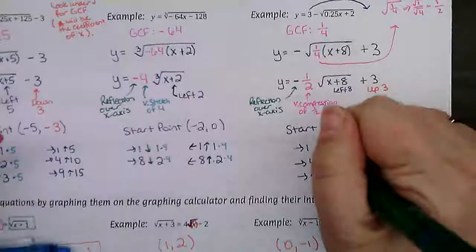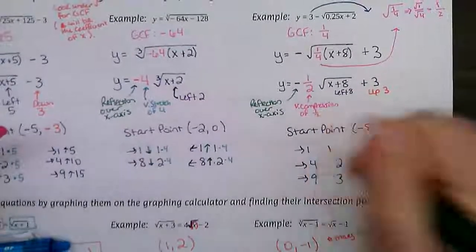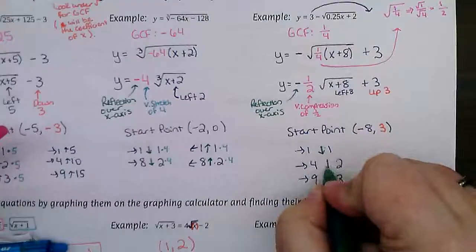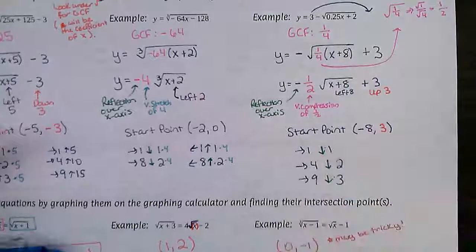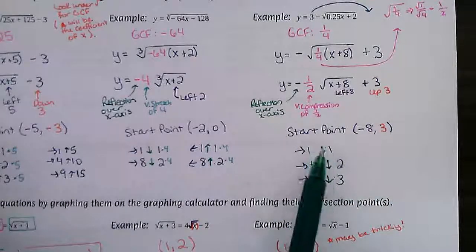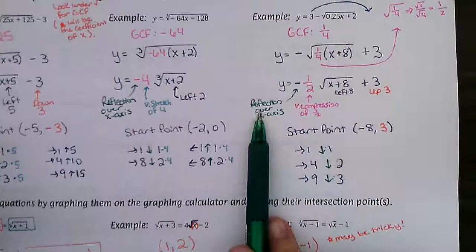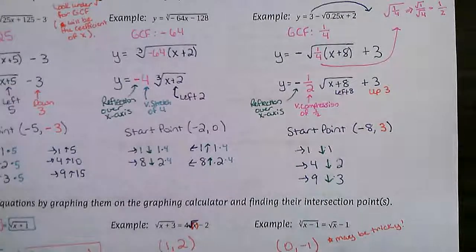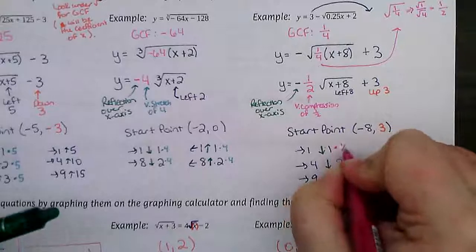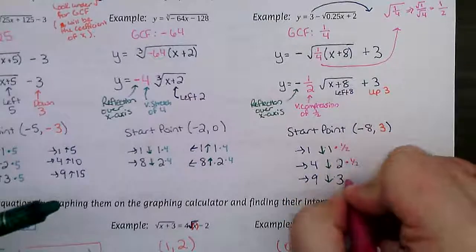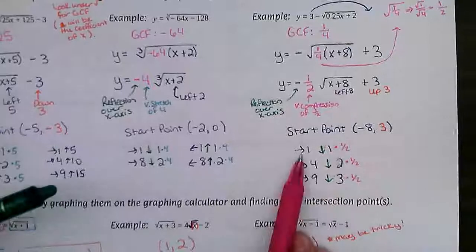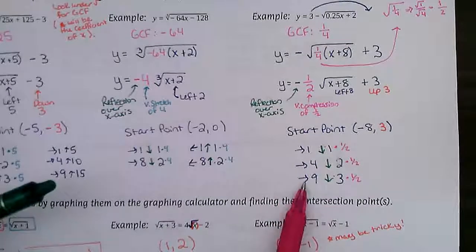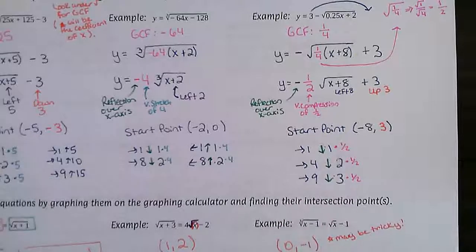Well, hopefully you remember that a reflection makes any ups go down and any downs go up. In this case, we don't have any downs, so we won't have anything that gets changed to up. So all of our ups go down. Then a vertical compression, we multiply all of our ups by 1/2. So when I go right 1, I'll go down 1/2, right 4, down 1, and right 9, down 1.5.